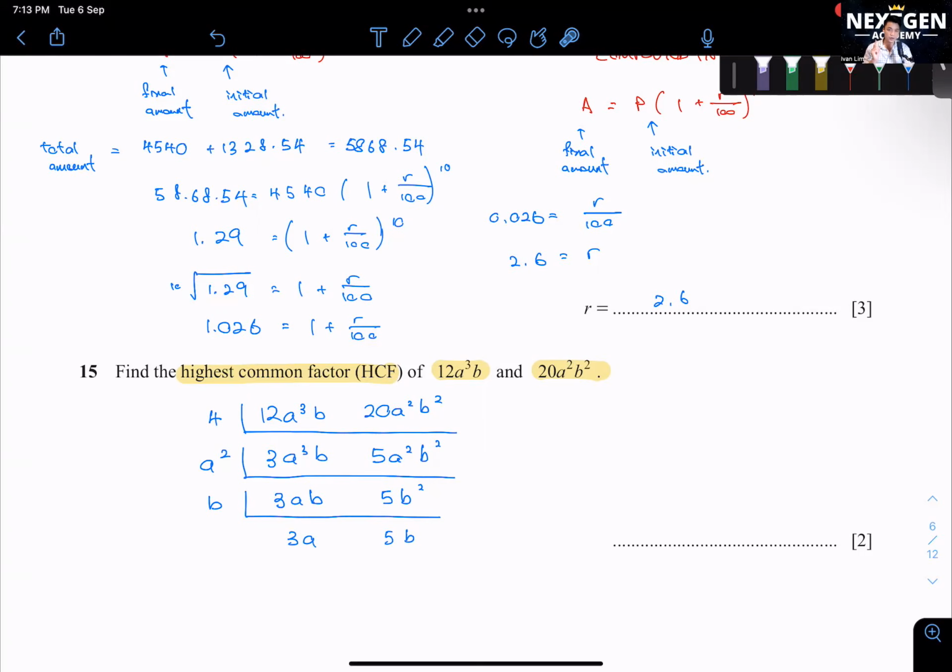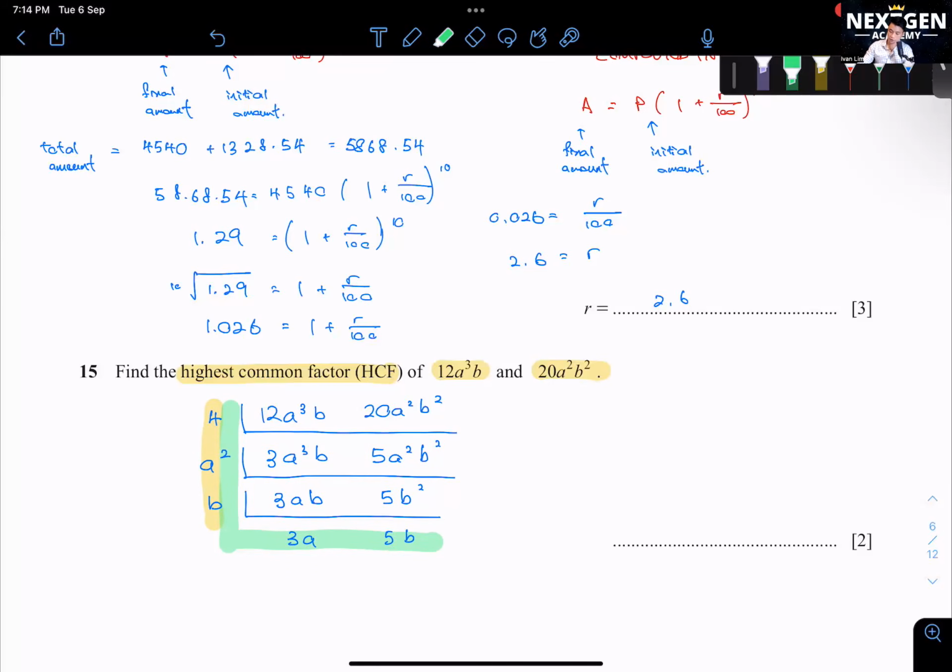This is how you all remember it easily. HCF means high. High means high-rise building, like a condo. If it's high, we only take all the high values here. If it's low, lowest common multiple, LCM, you take the L shape like that because it starts with the alphabet L, lowest.